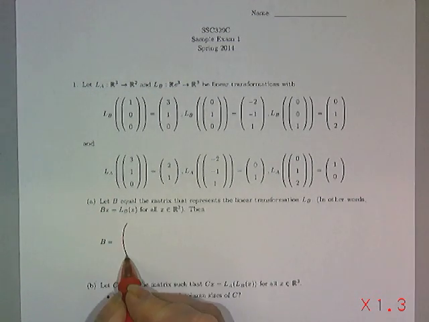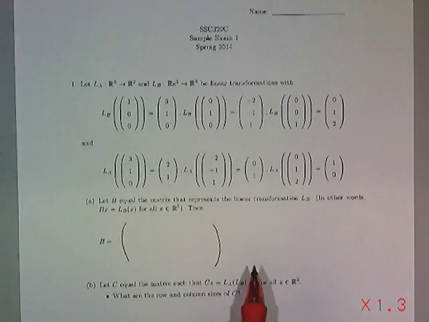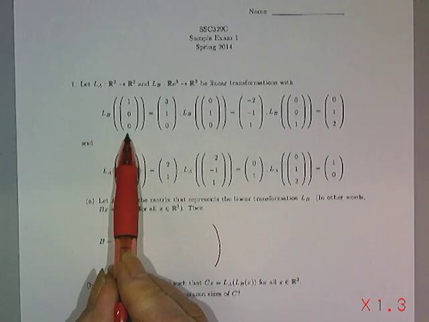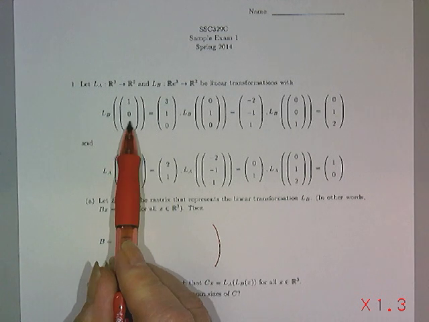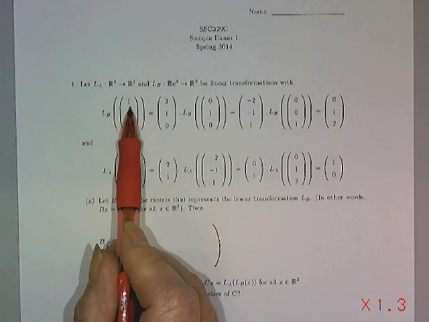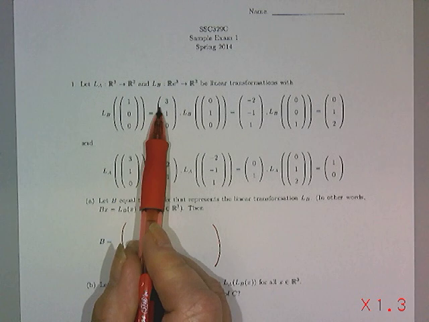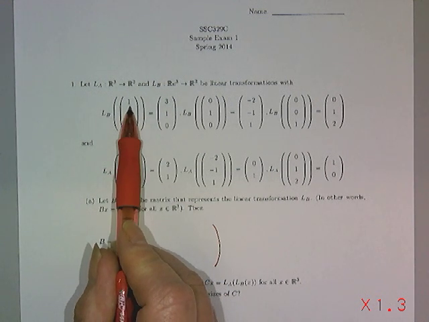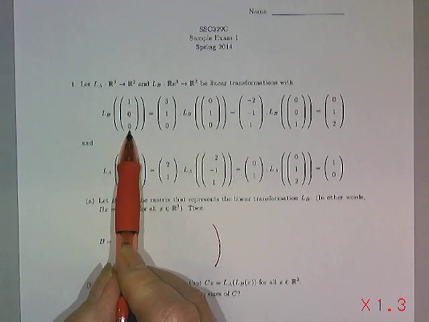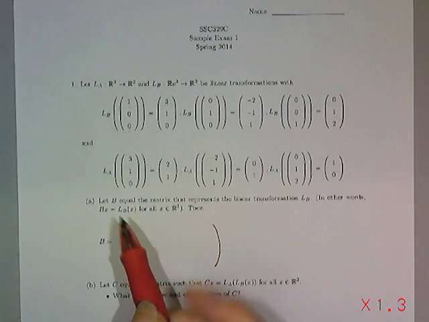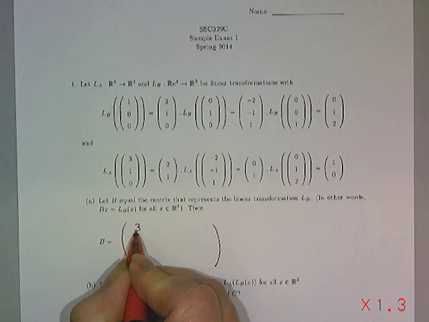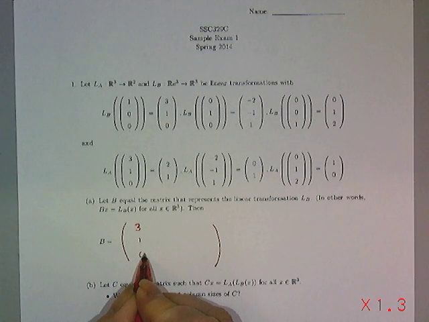So, to determine the matrix, we know that the first column is described by the output if we input the unit basis vector 1, 0, 0. So the first column of B should be 3, 1, 0.